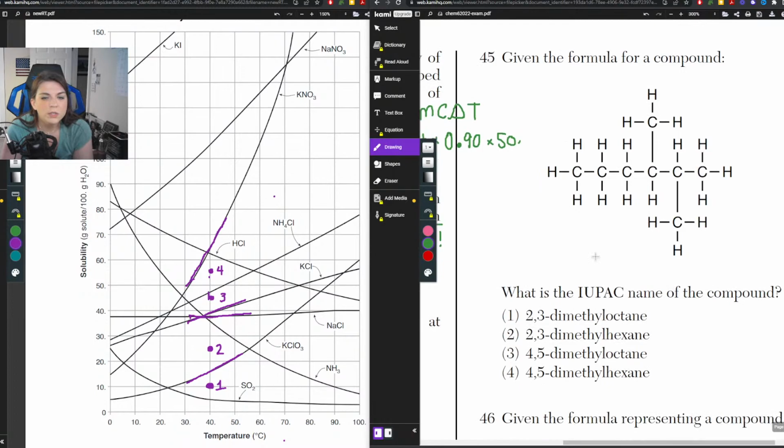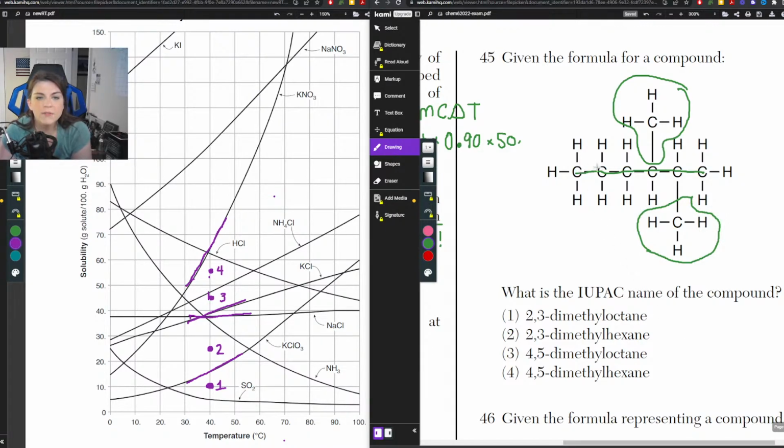Right here, what is the IUPAC name? Okay, we have to find the longest carbon chain, which I am seeing as 1, 2, 3, 4, 5, 6 going straight across or 6 going down. Either way is fine. And then I have a 1 carbon dangle right there, and a 1 carbon dangle right here.